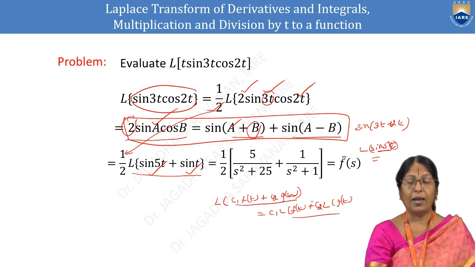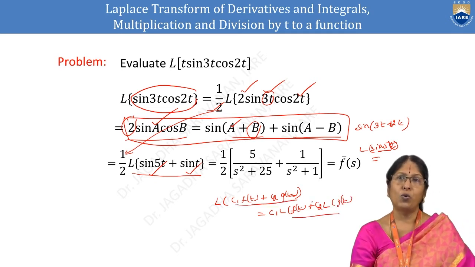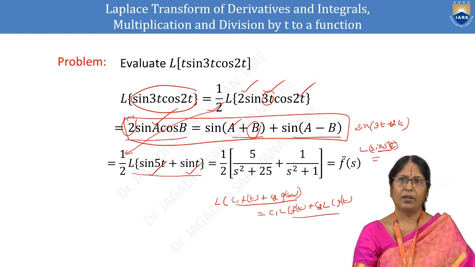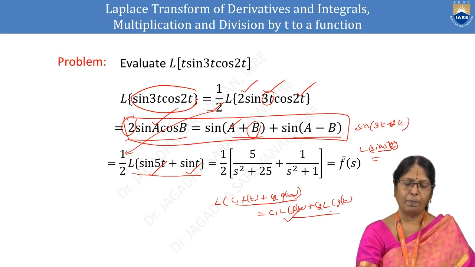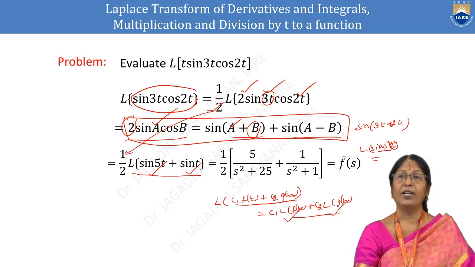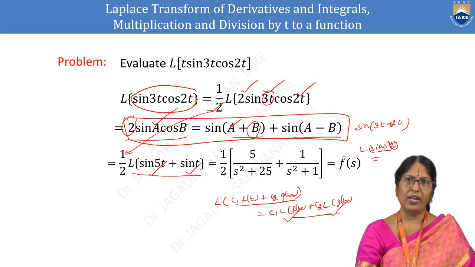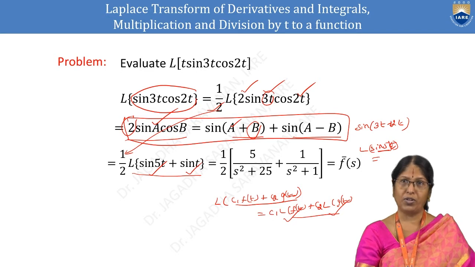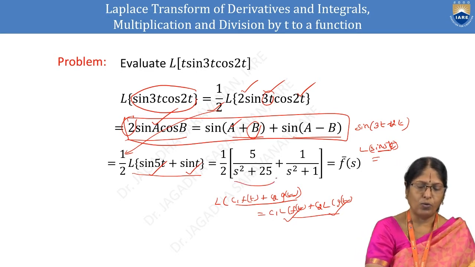That is, the Laplace transform of two functions is the Laplace transform of the first function plus the Laplace transform of the second function, with the constants C1 and C2 multiplied by those Laplace transforms. So we used the linearity property here.